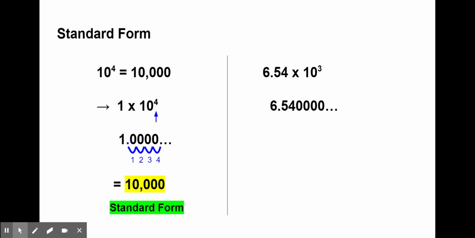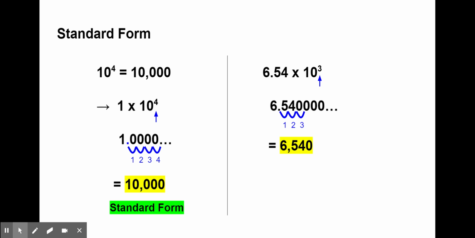But looking at this now, we have 10 to the 3rd power, so I'm going to move that decimal over 3 times: 1, 2, and 3. So now it's after my 1,000th spot. I've moved my decimal over because each time I'm multiplying by 10. It's like multiplying by 1,000. That's 10 to the 3rd power, 1,000. And I get those 3 spots because of that 3 in the exponent of my base of 10.